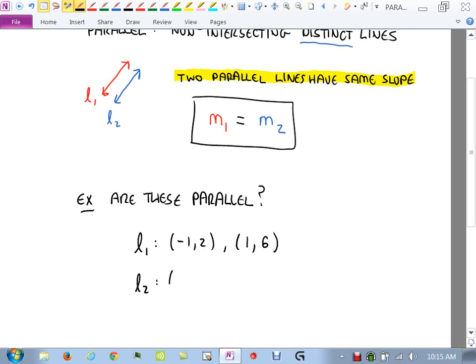L2: (5, 7), (6...). Whoa. Trying to make this work the way I want it to work here.